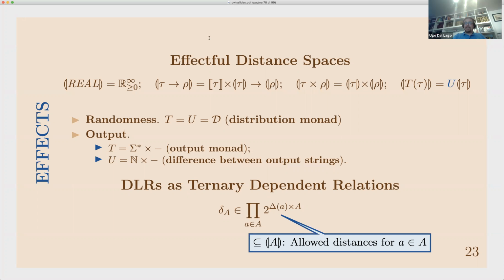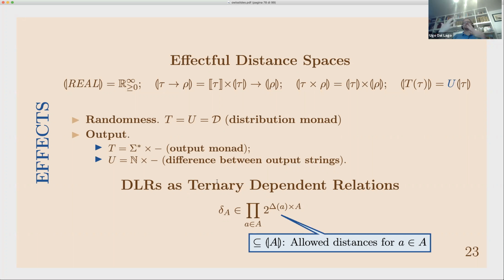In the general case of, say, arbitrary monads, because that's the way we interpret usually effects, the differences between monadic elements, between computations, are themselves monadic elements, but the underlying monad can be different. On the other hand, when non-determinism is there, the two coincide. And the same thing happens, for example, with probabilistic choice.